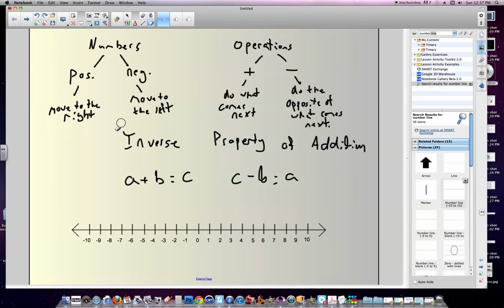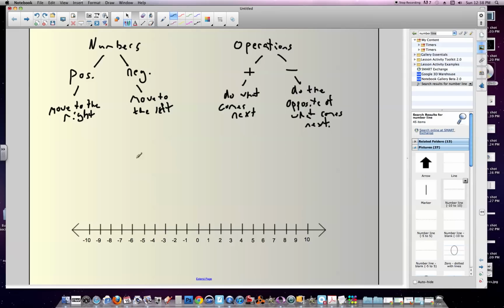And let me just give you one example of how you might see this on a test. If I gave you a problem that said 5 plus what equals negative 4, you would say, okay, this term and some other term make the sum negative 4. So if I take that sum negative 4 and I subtract the part that I know, 5, I'm going to be left with the other part.